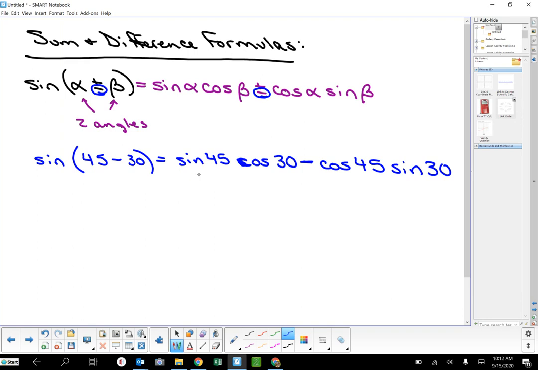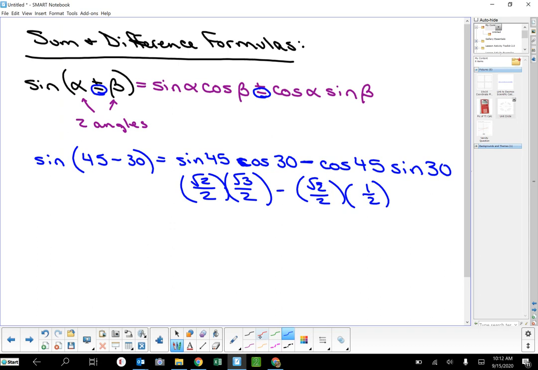So looking at your unit circle, sine of 45 is rad 2 over 2. Cosine of 30 is rad 3 over 2. And you're multiplying. Minus cosine of 45 is the same as sine of 45, rad 2 over 2. Sine of 30 is a half. So you would evaluate these.